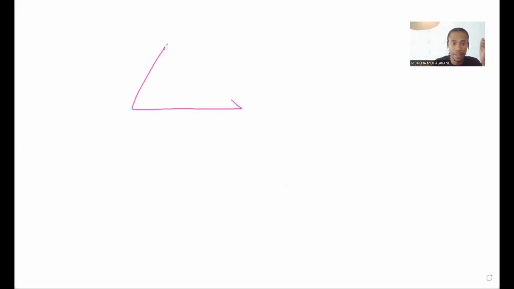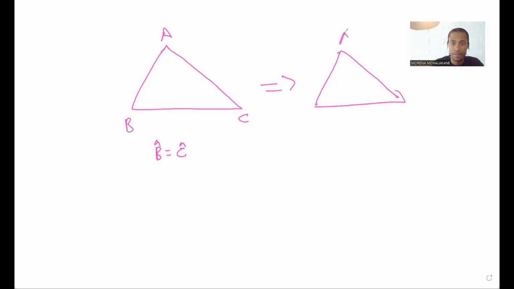If this is what I have, A, B, C, and if B equals C, then the sides opposite them are going to be equal.